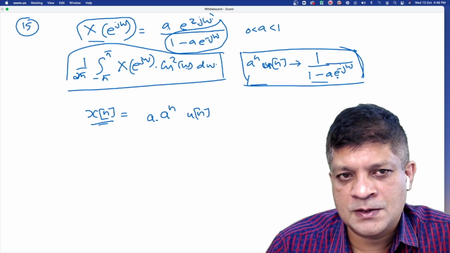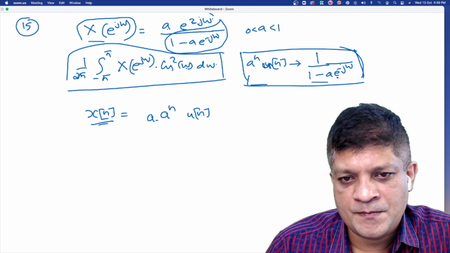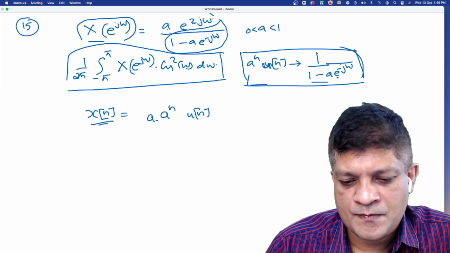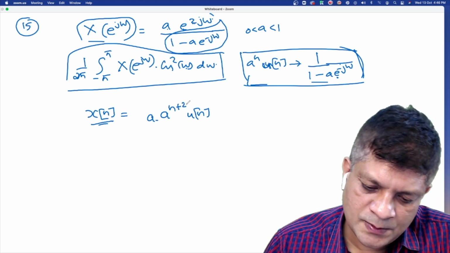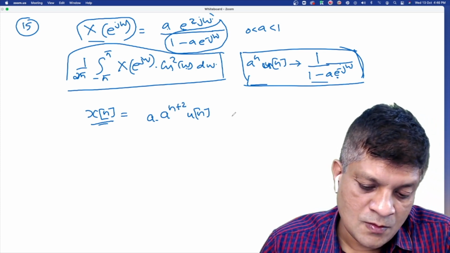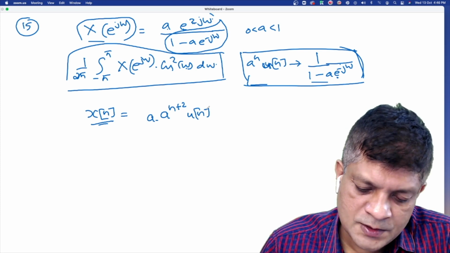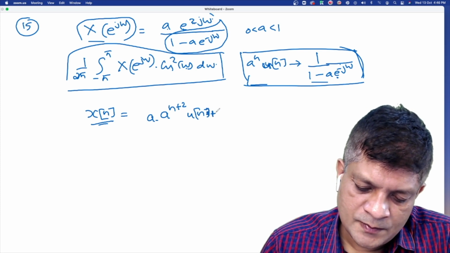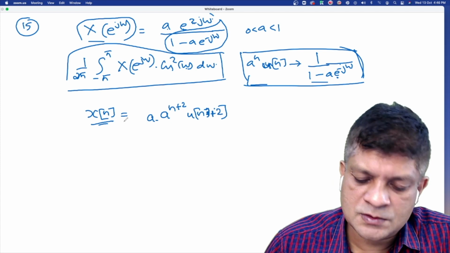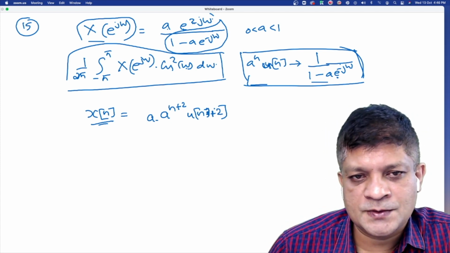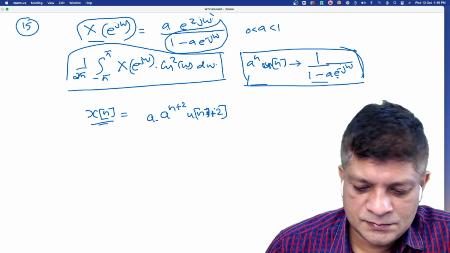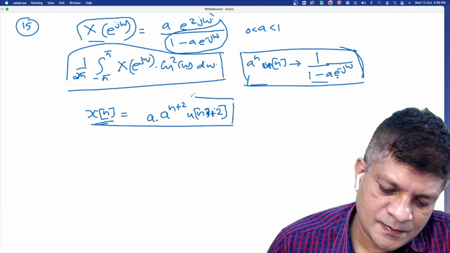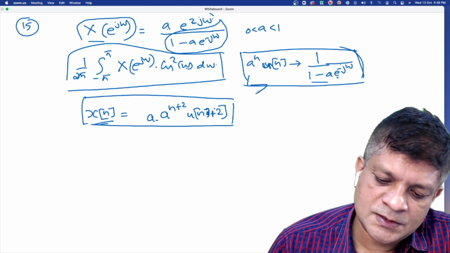What will happen in the time domain? Shifting. So can we say that it is n plus 2 or minus 2? This is plus 2, I think. A into, so this is the signal x of n, is it? Yes, sir. Okay. Using this standard result.